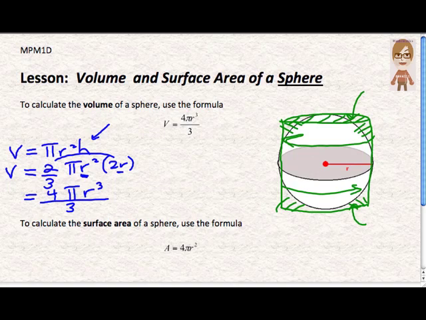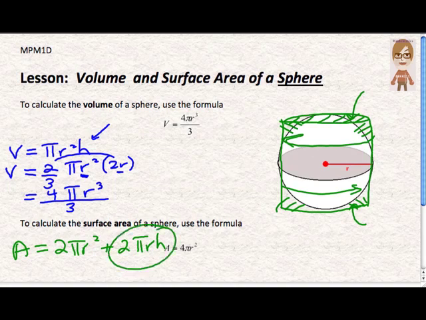So if we think about surface area for a cylinder, the surface area for a cylinder was 2 pi r squared for the circles on the top and the bottom, plus 2 pi r h. And what we can also do now is realize we're going to derive our formula for the sphere from that using only the second part.